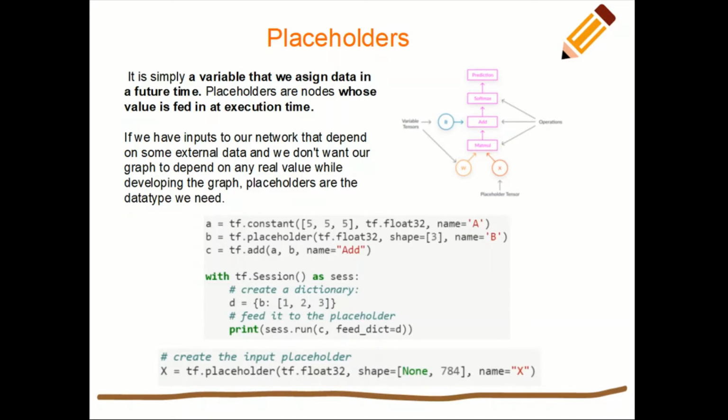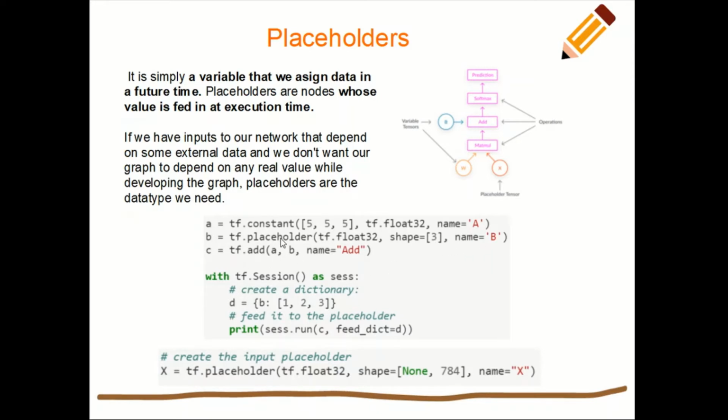If you look at this statement here, there is a constant defined with a shape of 3, so this is a vector of 3 values, and then we declare a placeholder which is also of shape 3. Okay, and we are adding these two together.